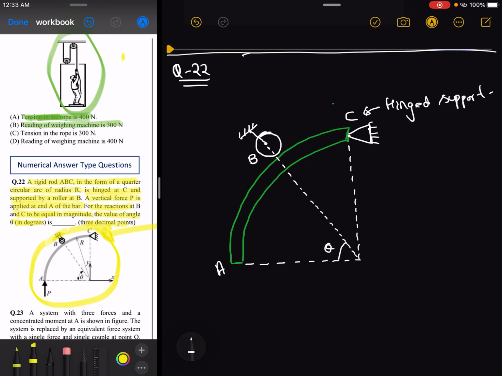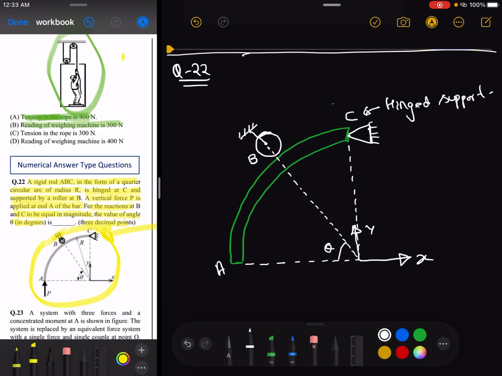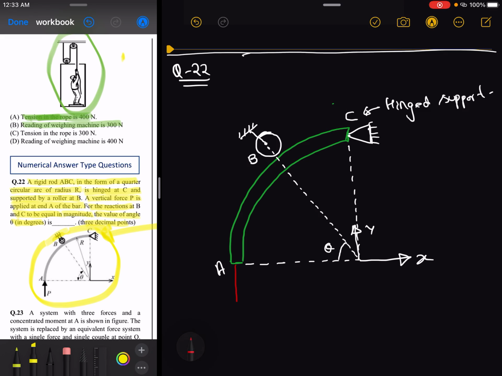Let us mention these axes: this is the x-axis and this is the y-axis. Now an external force P is applied at A. This is the external force applied at A. So this is the situation in front of you guys, and he is asking the value of theta.